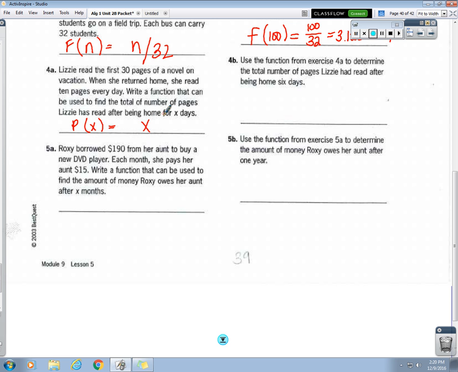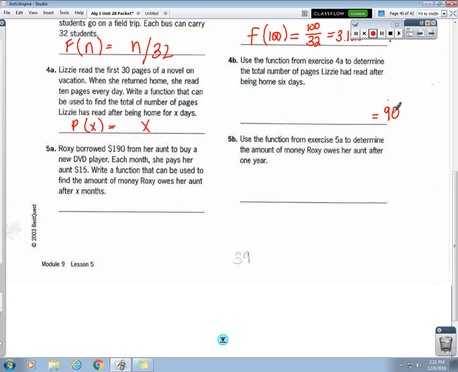Okay, now, say that you're having a hard time writing the function, because this is the harder part for y'all. This is the easy part for y'all. Okay, so here's the scenario. She read 30 pages on vacation, and once she's home, she reads 10 a day. So if she's been home for 6 days, how many total pages has she read? 90.